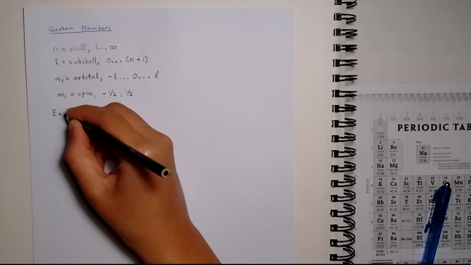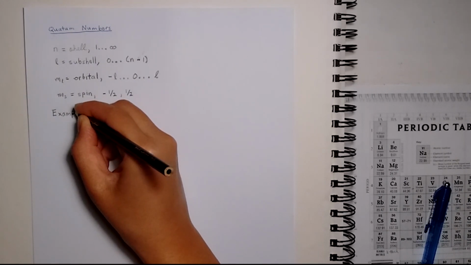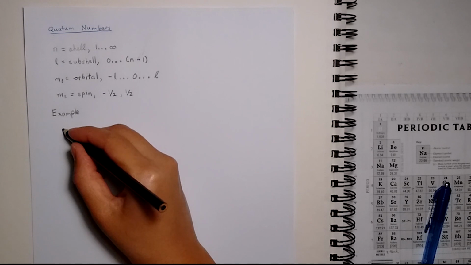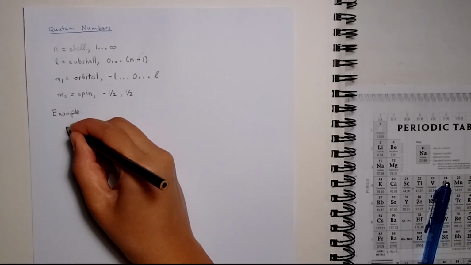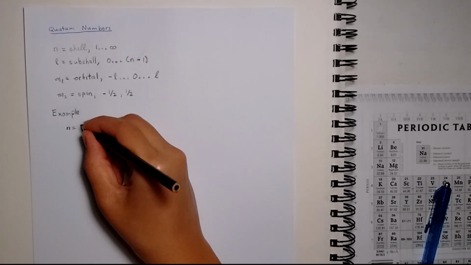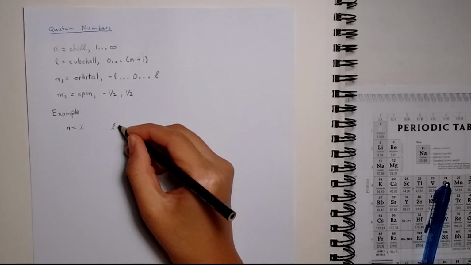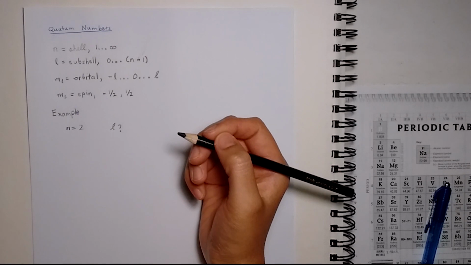So in the first example, we will have n equal to 2, okay? And then we can ask ourselves, what are the acceptable L values?